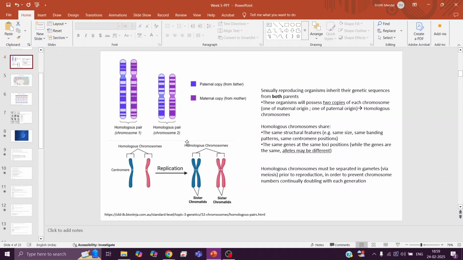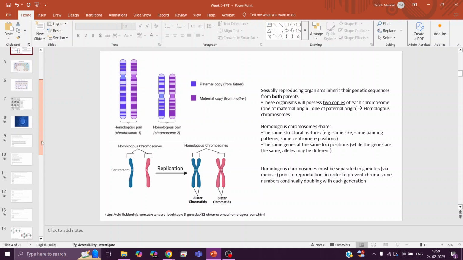And then eventually, after these intermediates are formed, this whole thing is resolved, and you have repaired it, but with recombination using a template from the non-sister chromatid. All of this is started with the help of SPO11, which causes these double-stranded breaks.